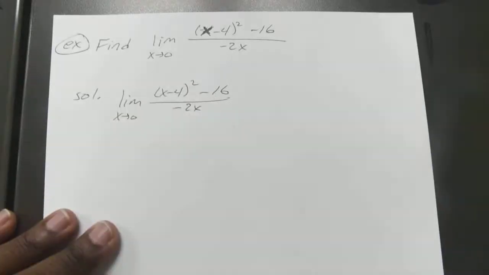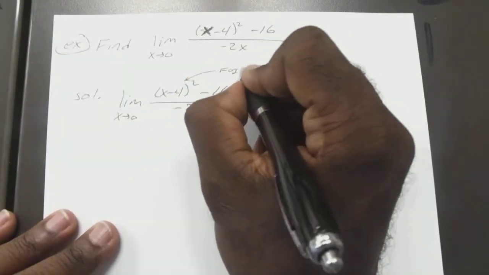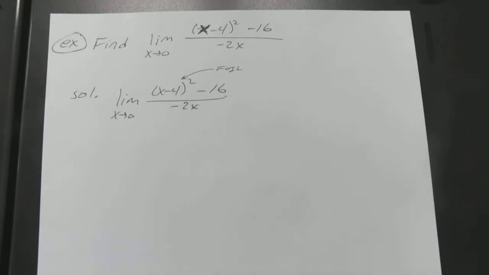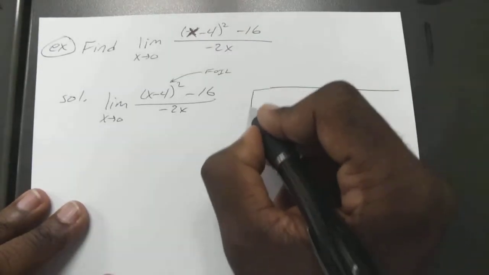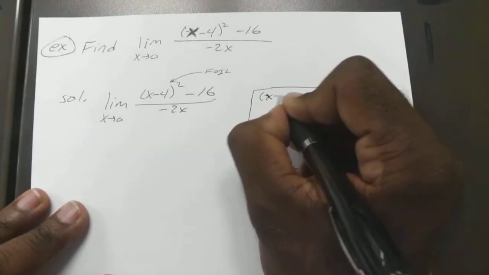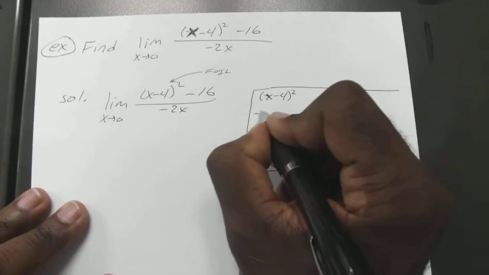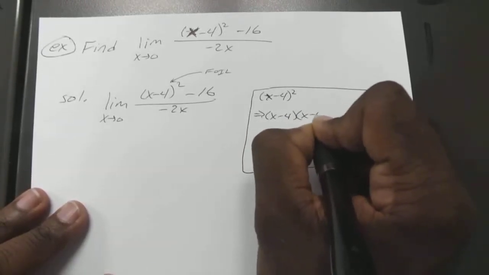As x approaches 0, we just FOIL that out, since x minus 4 squared is just x minus 4 times x minus 4.